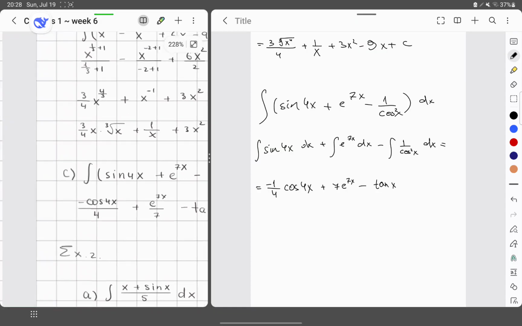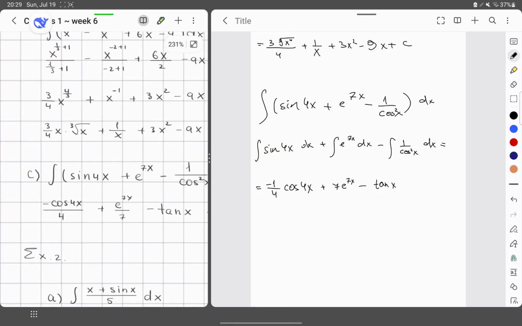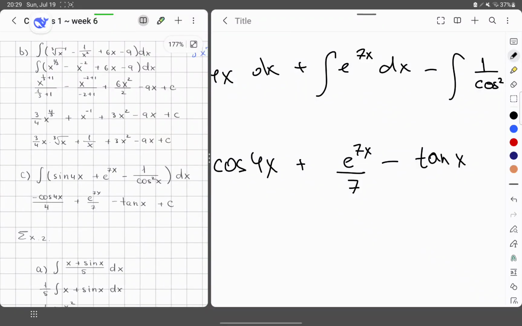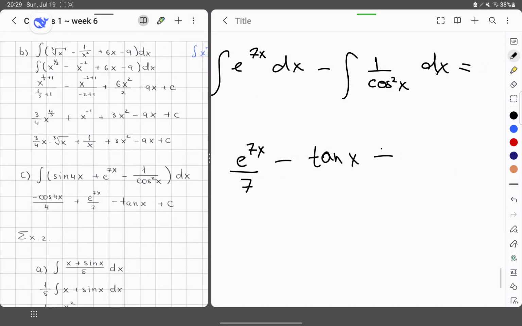Let's check it. Oh my gosh. So this part is true, cosine 4x is true, but the e part is not true, because it is an integral, it must always be over 7. I will remember it. Minus tangent x plus c. Okay, I forgot c again.